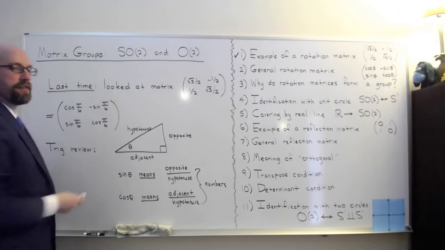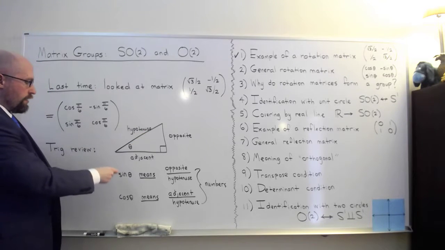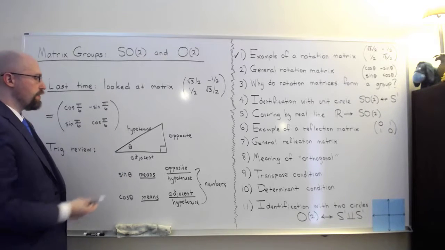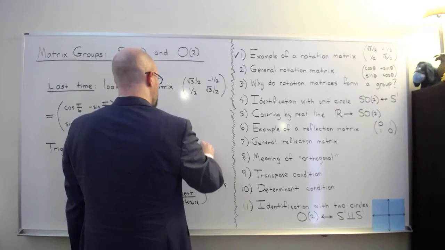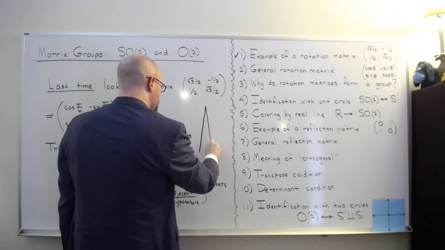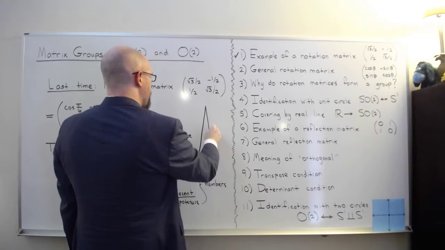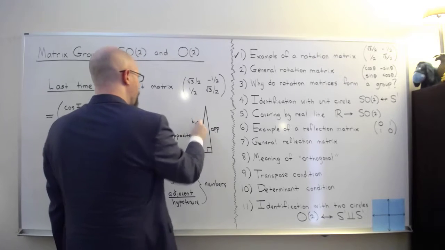Now the hypotenuse is the biggest of these sides. So the largest value that these could possibly have is 1. For instance, if it becomes a very steep, tall triangle like that, then here the opposite side is almost as big as the hypotenuse, not quite.